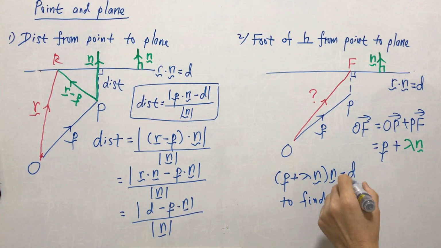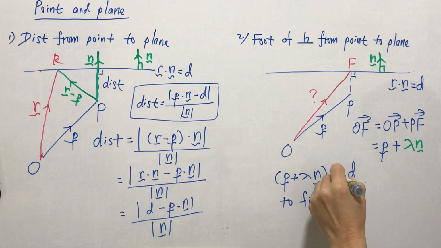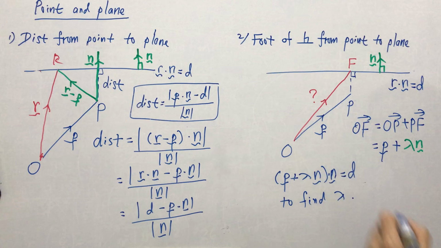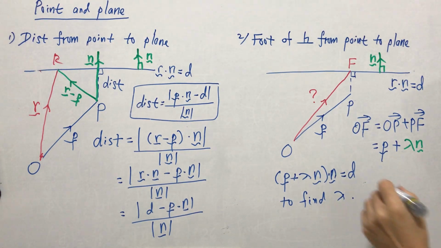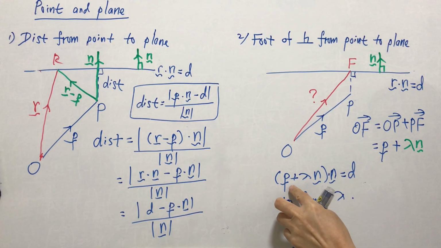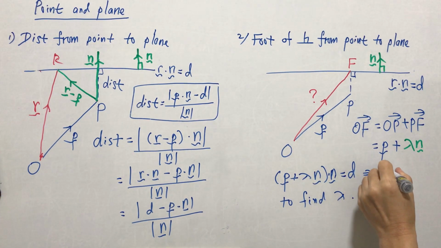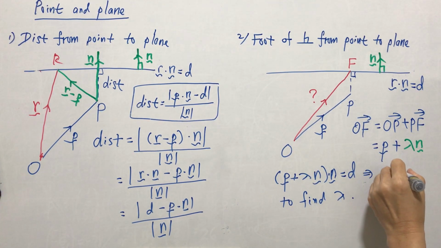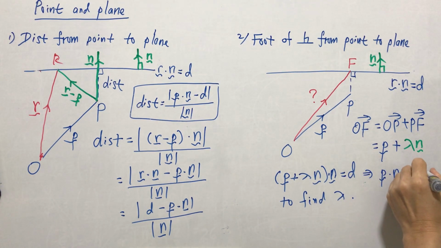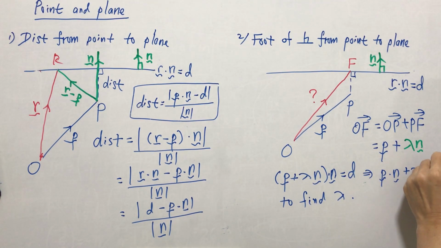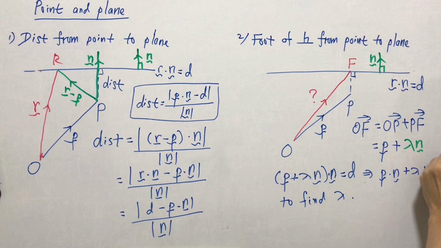I missed out something here. What did I miss out here? A dot product. Right, so you perform p dot n. From here you can just perform p dot n plus lambda n dot n equals d.